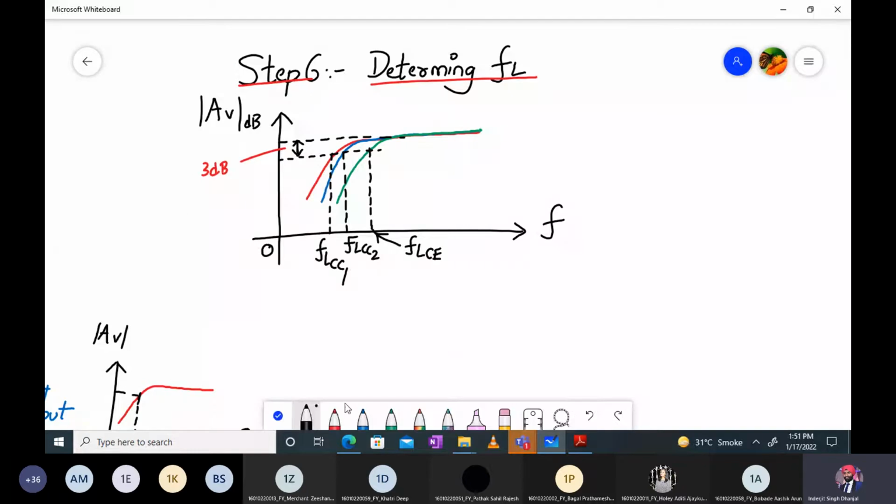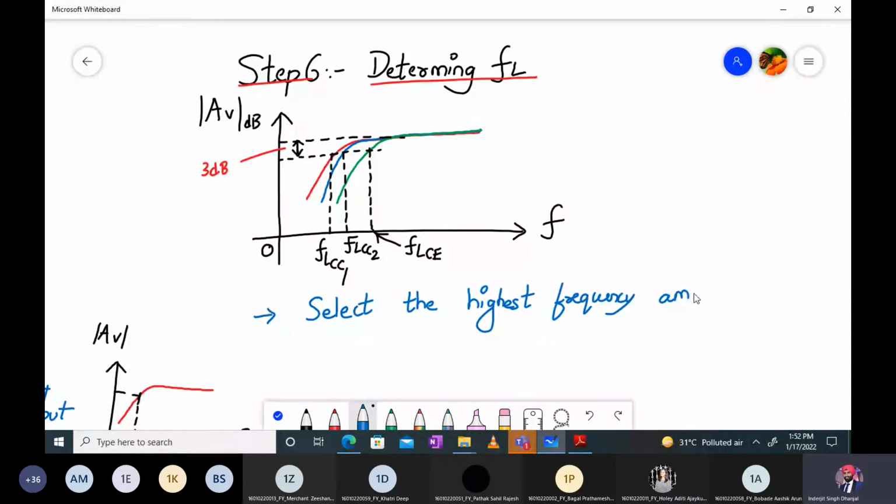The statement over here goes that we select the highest frequency of all three. So you have to write a statement over here: select the highest frequency among FL of CC1, FL of CC2 and FL of CE.